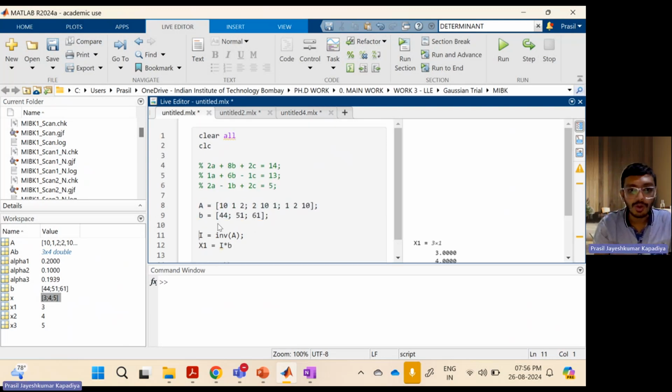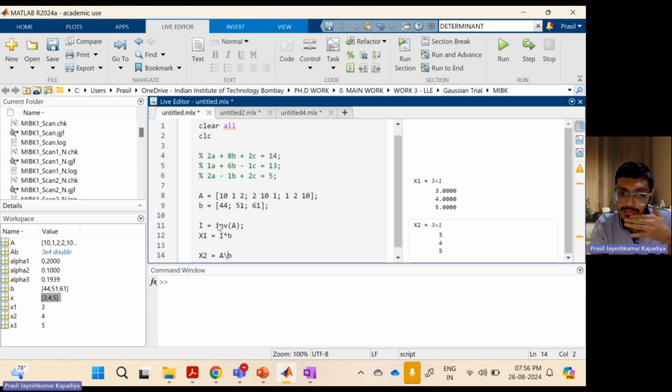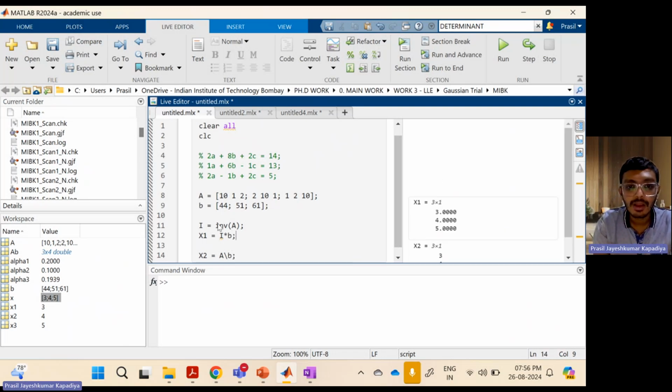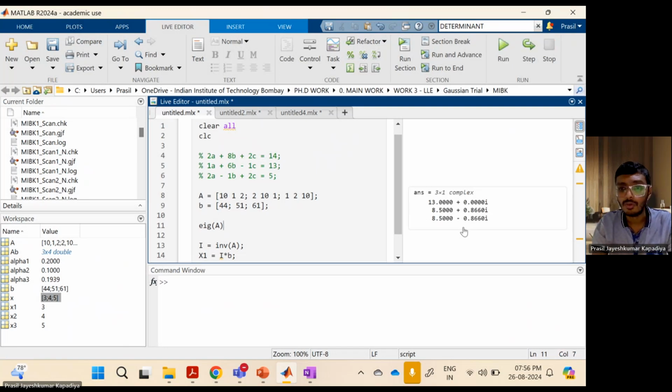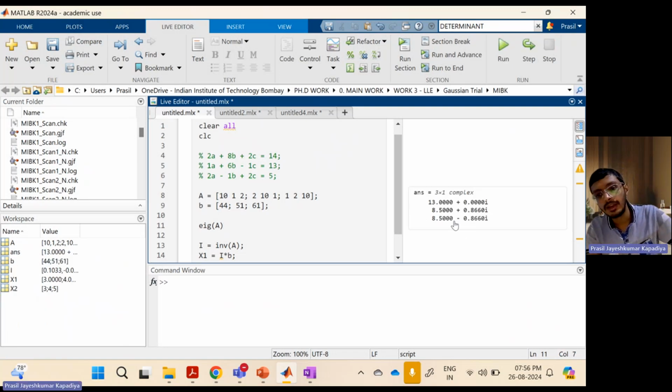So let's say I want to find eigenvalues of A that we have already checked. So let's do it. Eigenvalues of matrix A, eig of A. Okay, so one is a real number and two are imaginary numbers.